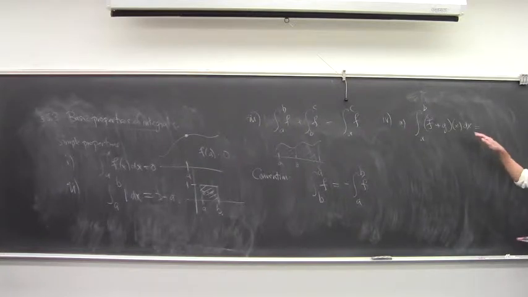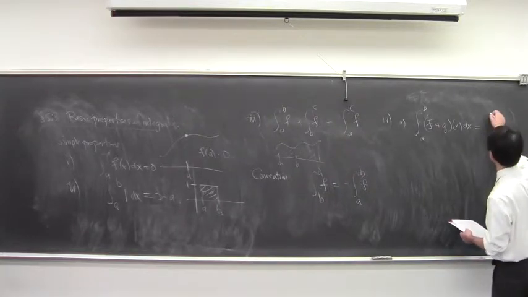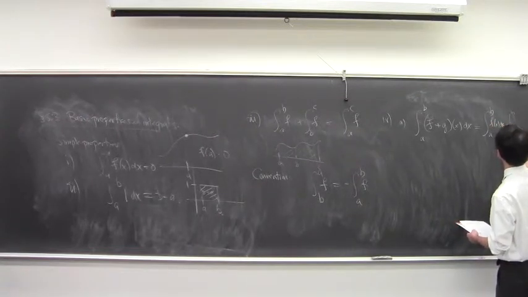You have 2 functions, you add them together, and you take their integral. Isaac? The integral from a to b of f plus the integral from a to b of g. Right. So the integral of the sum is going to be the sum of the integrals.